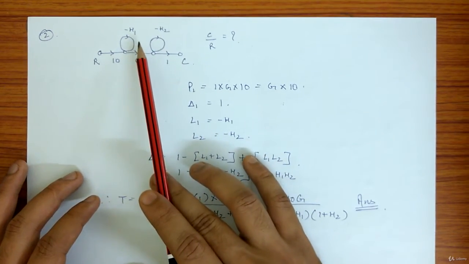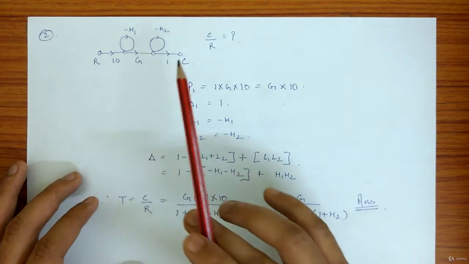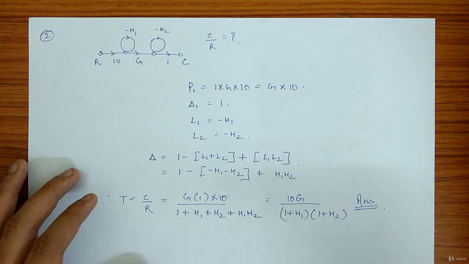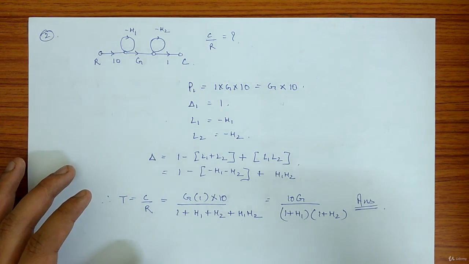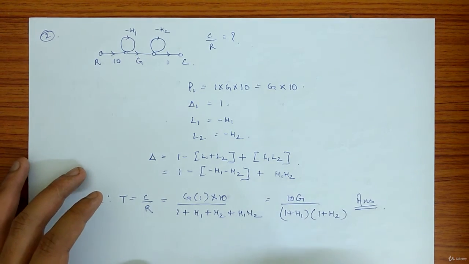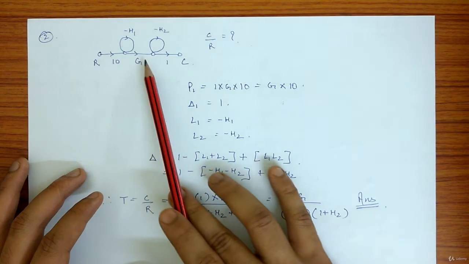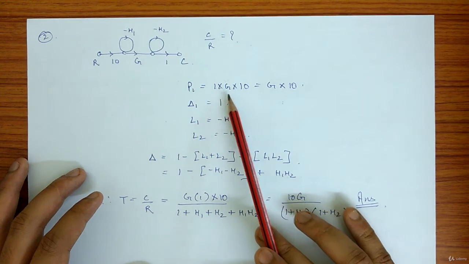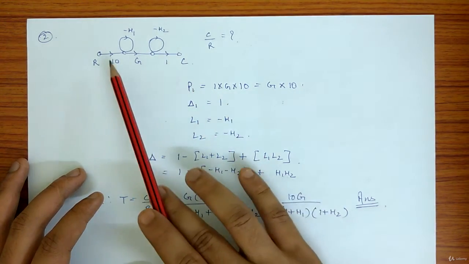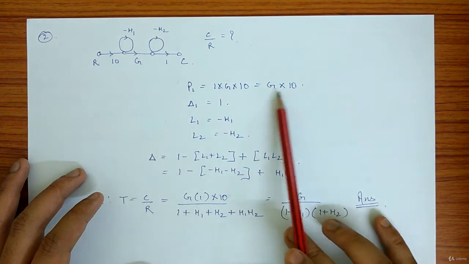These are self loops, you can see. So I have to exclude them while calculating the forward path gain, and I have to include the self loops when I calculate the loops, meaning delta and delta k. So you can see only one path exists. P1 is equal to 1 times G times 10, 10G.